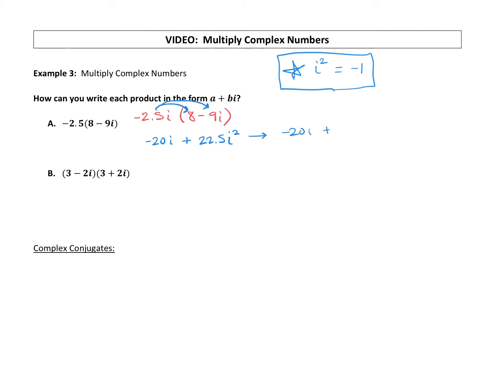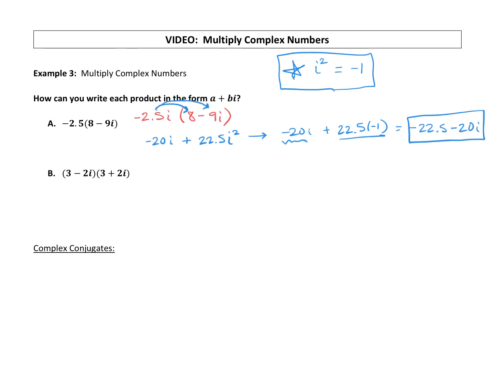Plus, instead of 22.5 times i squared, we're going to do 22.5 times negative 1. That gives us a negative 22.5, and now it's a real part of our complex number, so that's going to go first. Negative 22.5, and then this minus 20i will go on the end. And there's our answer from distributing that.